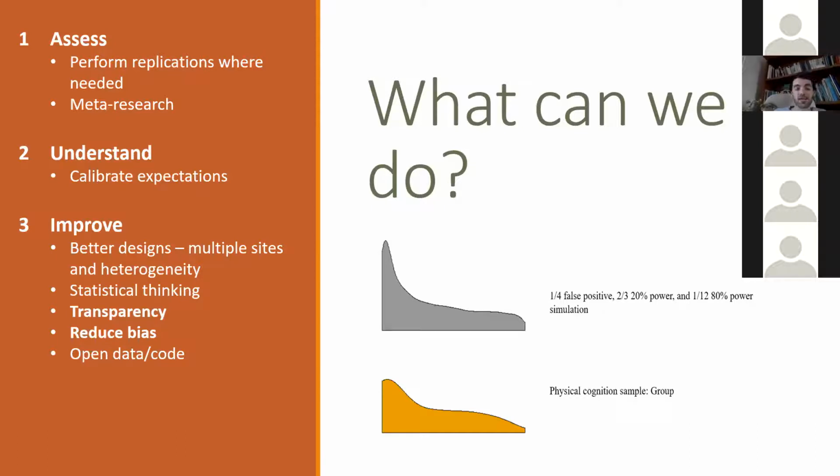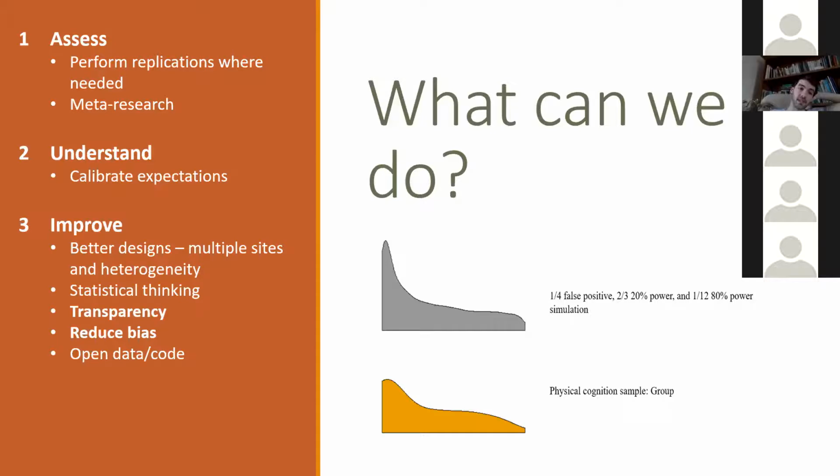You can also try to assess it indirectly with meta-research. And I'm going to go through a few questions that you might want to think about whether you can answer in your own field, before moving on to ways where we can improve the reliability of our research. So these could be things like making better designs, running studies that would replicate. They might not actually be replicated in the future, but you might want to increase your statistical power.